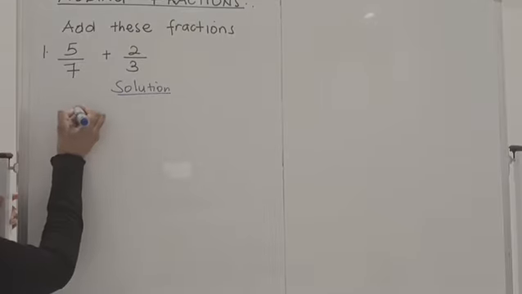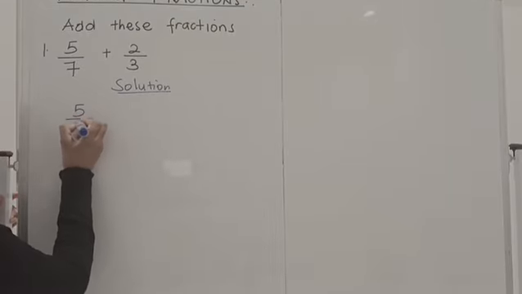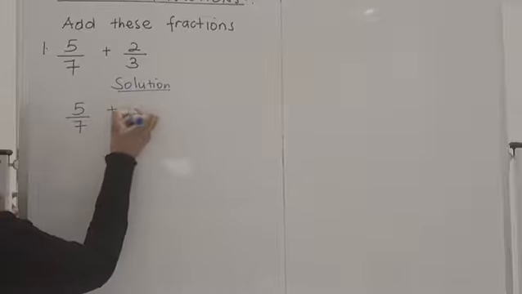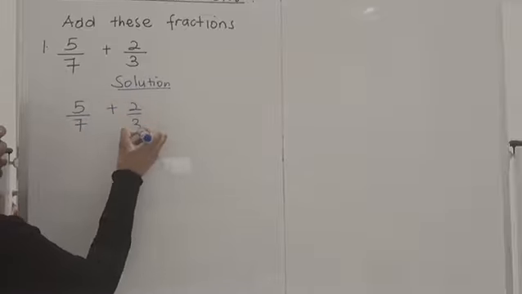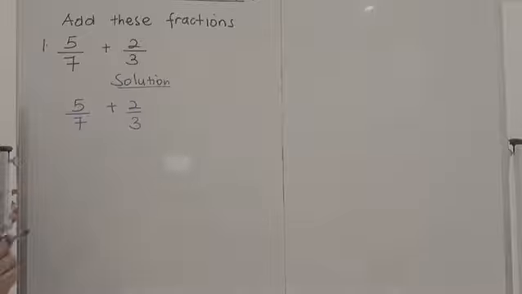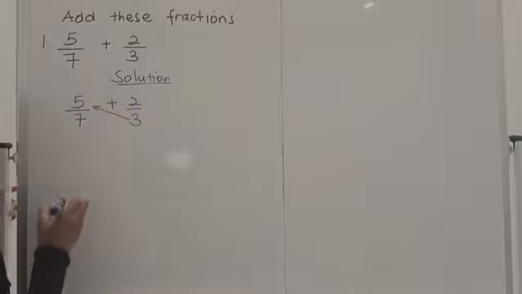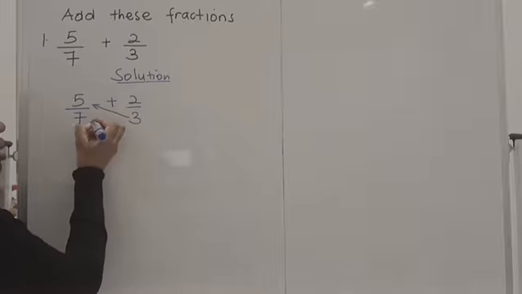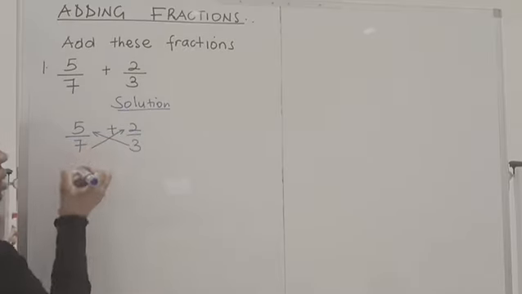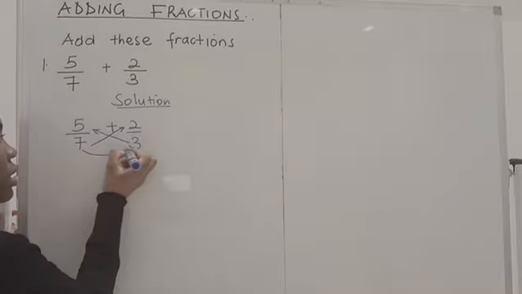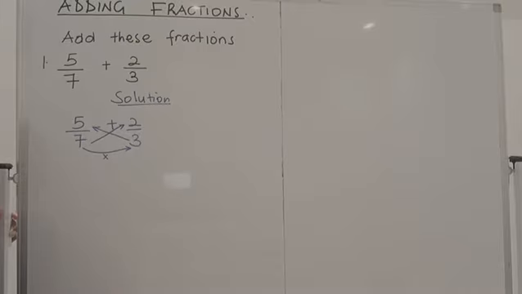We have 5 out of 7 plus 2 out of 3. The cross multiplication method, you're going to multiply this denominator by that numerator, then plus this times that, out of this multiplied by that.